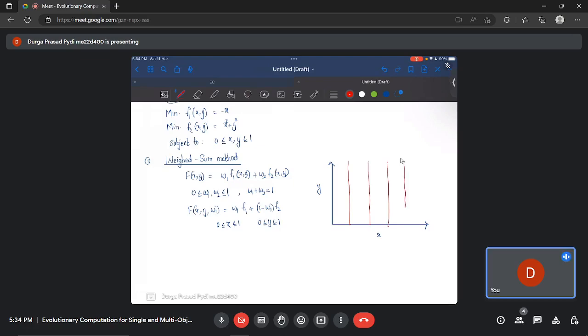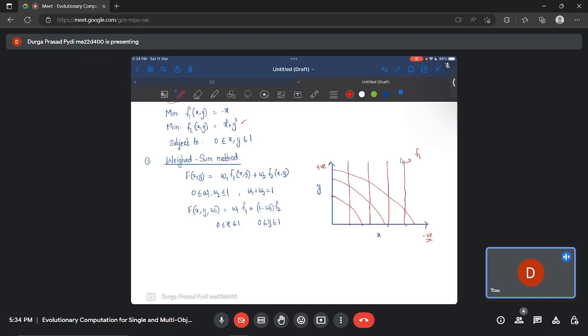These are the contours for my first function f1, and the second function is x square plus y square, which will essentially be some circles, so you'll get some arcs. The function f1 is defined as minus x, so let's say this is the negative x direction and this is the positive y direction. This is somewhat the contour plot of the search space for the variables.